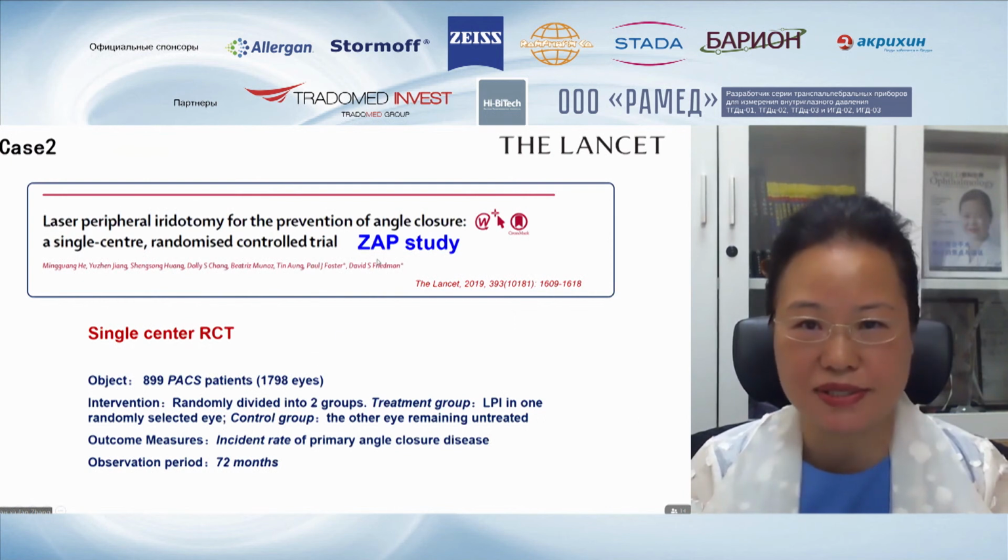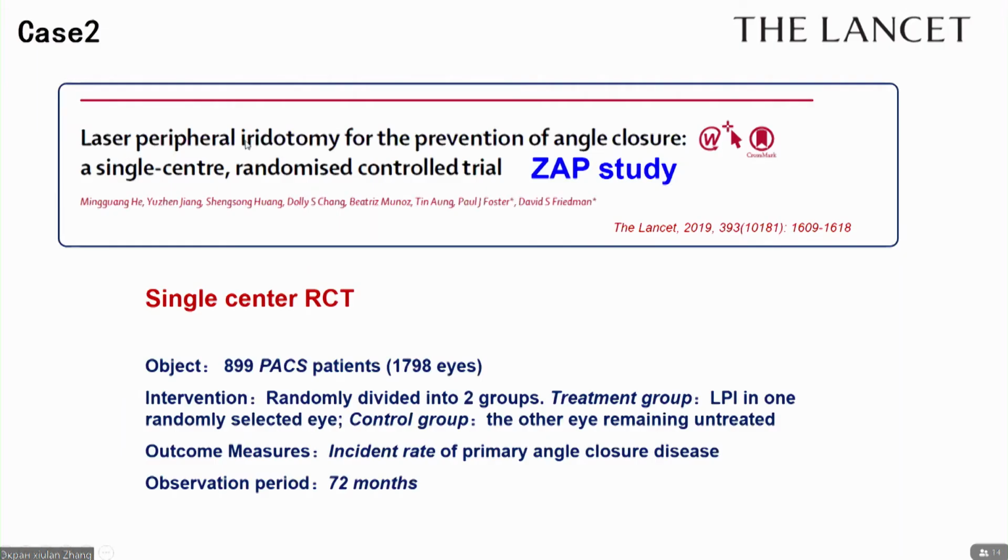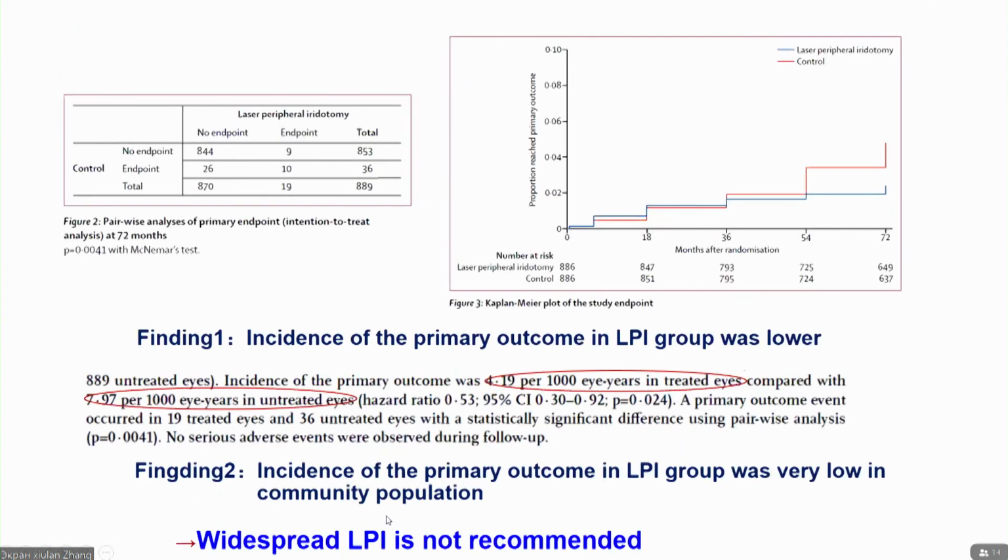Another study is called the ZAP study, looking at LPI for the prevention of angle closure. This is a single center RCT, LPI for one group, follow-up for another group, focusing on PACS, and 32 months later, they found the incidence of the primary outcome in the LPI group was lower, and the incidence of the primary outcome was very low in the community population too.